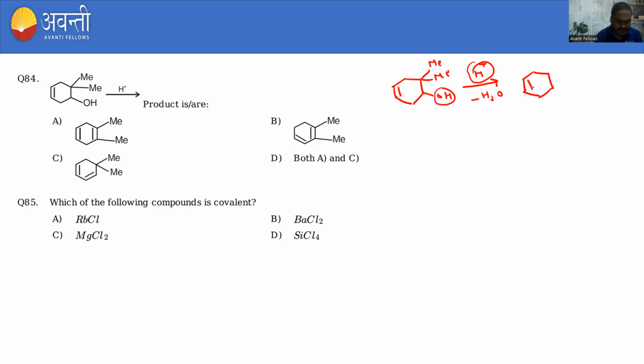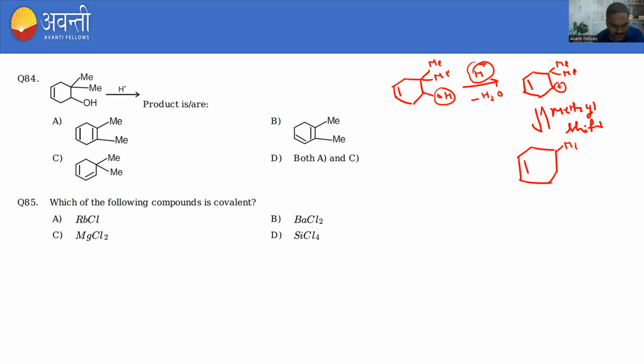They will form this double bond, and here we have two methyl groups, and here we have a positive charge. Now a methyl shift will take place. So this methyl shift will take place and this will form like this.